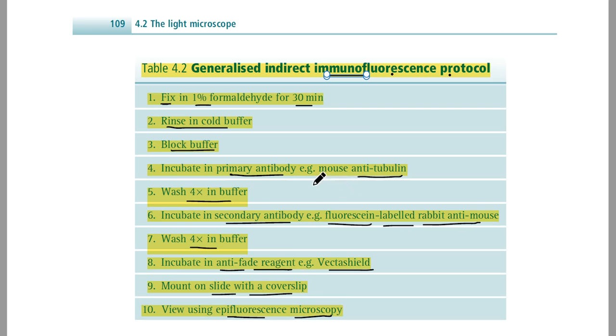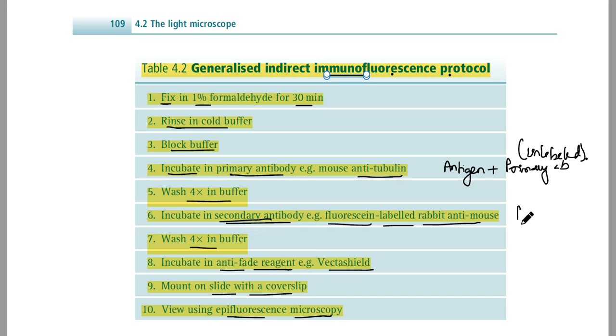So here the first important step is the incubation of antigen plus primary antibody. Here the primary antibody is the unlabeled one. After that there is a careful washing step. Then we see the incubation with the secondary antibody.